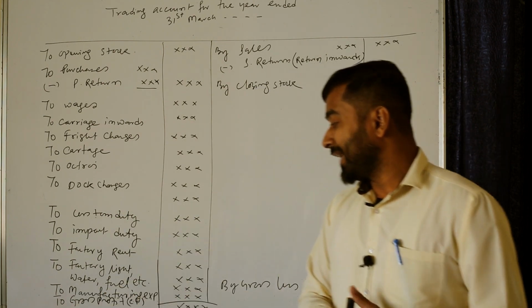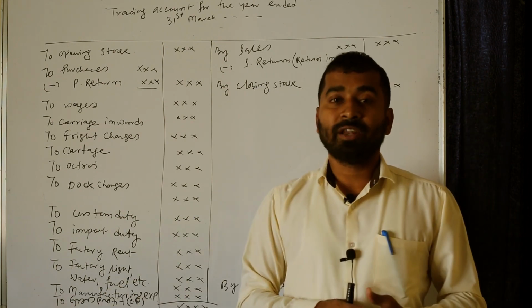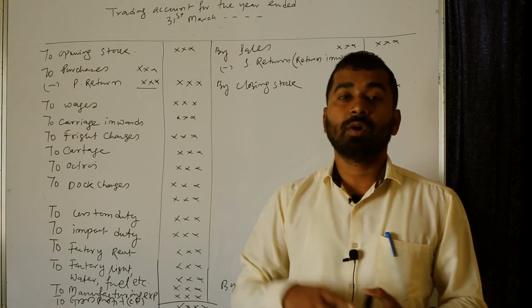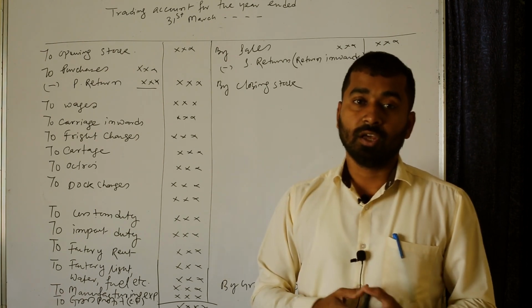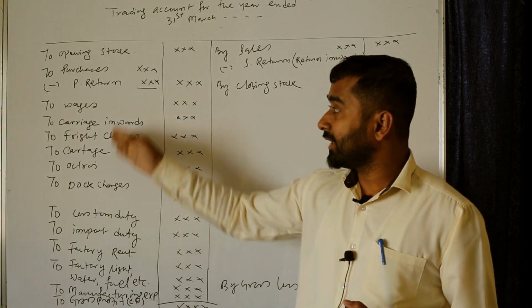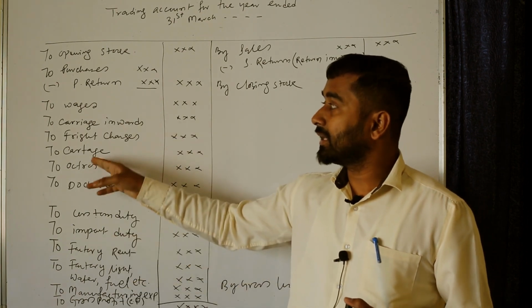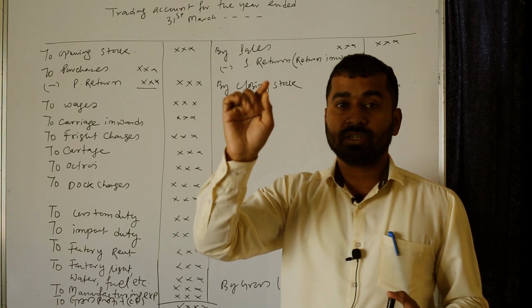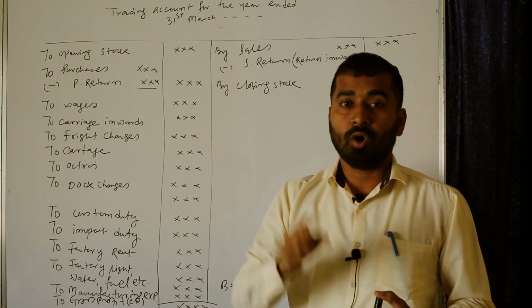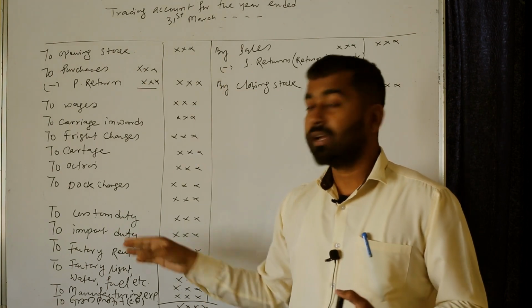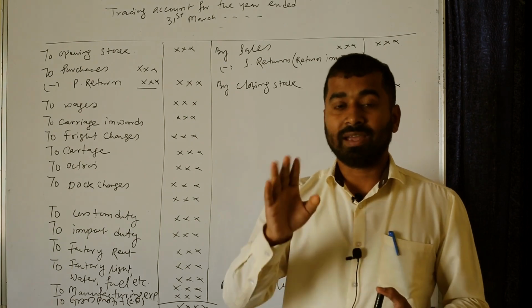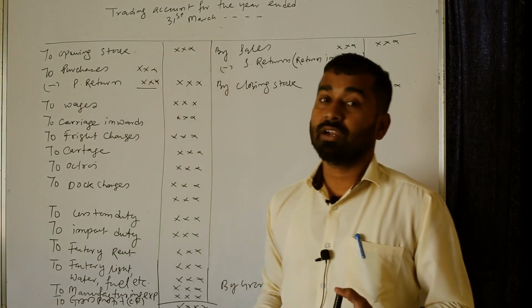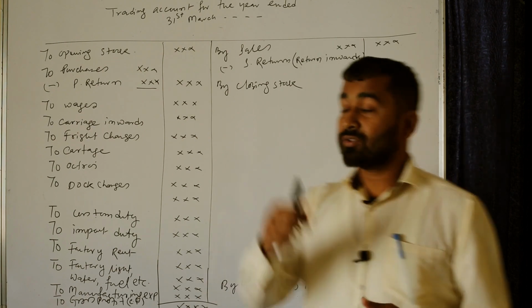Next one is the manufacturing expenses. Manufacturing expenses also lead to factory expenses only. So all the expenses incurred here are either transportation related to the purchase or related to the factory expenses. So I can say we have two categories on the debit side of the trading account. Now see the credit side.